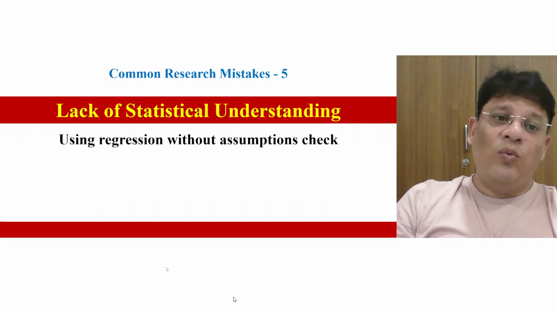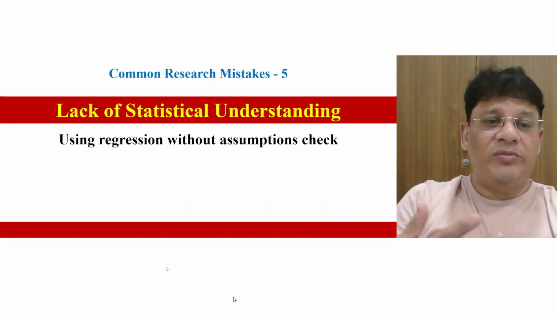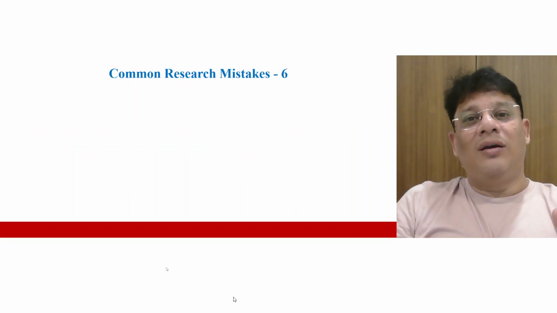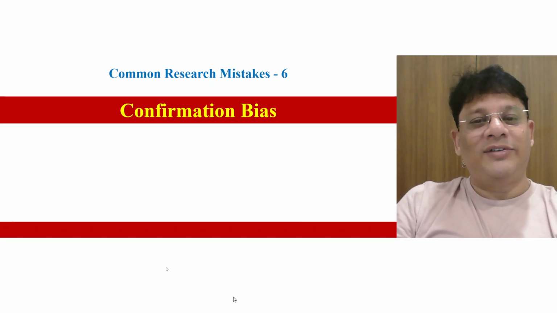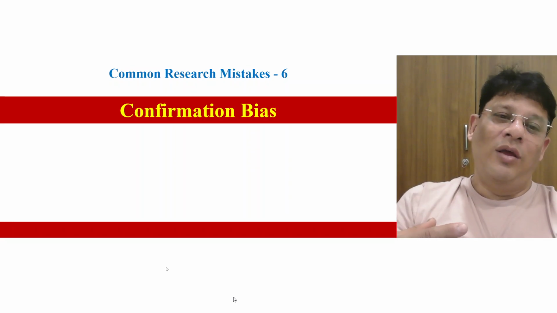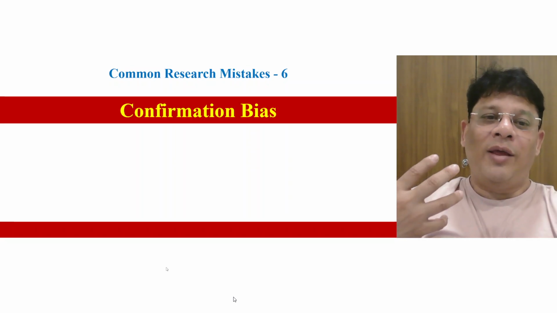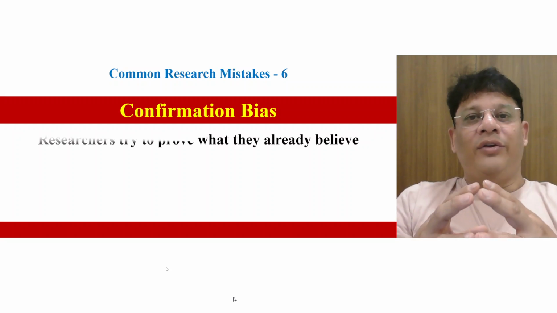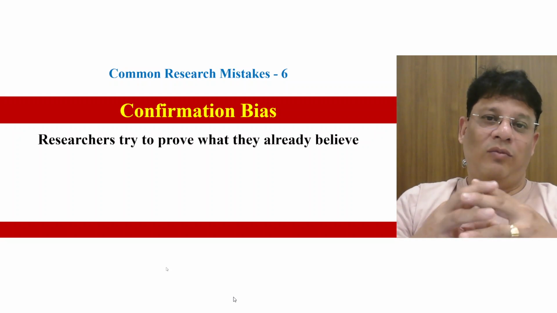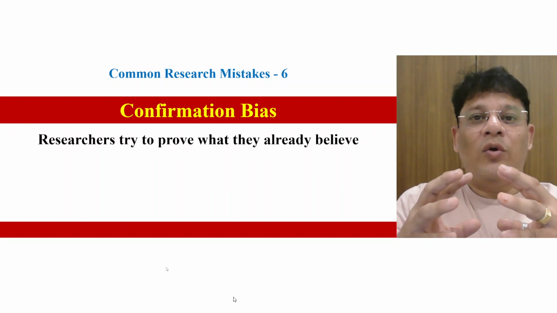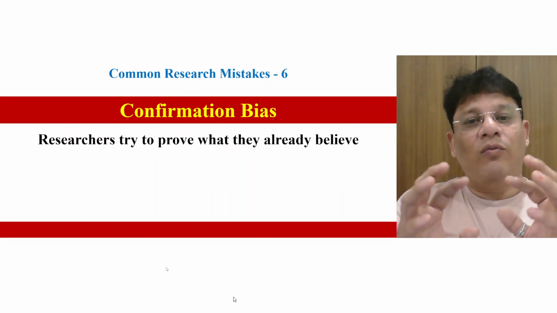Then the sixth mistake is confirmation bias. This is a very common and silly mistake. Researchers always have something in their mind and try to find the answer based on what they believe.